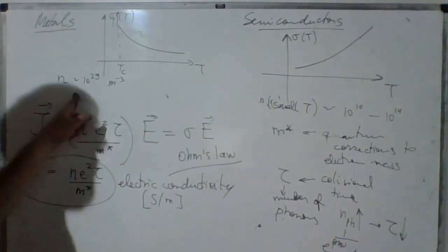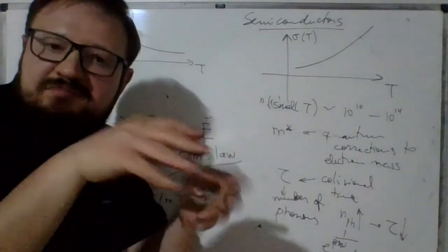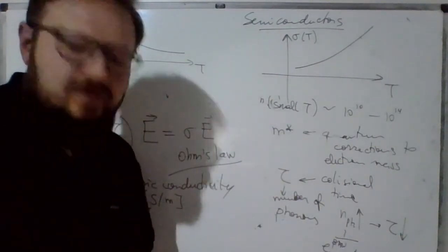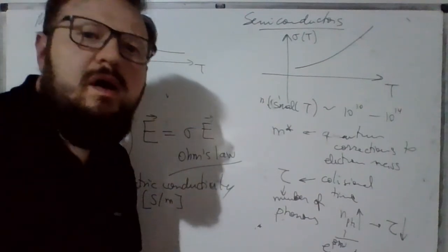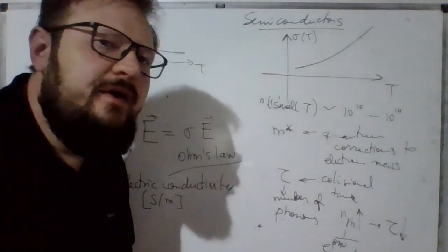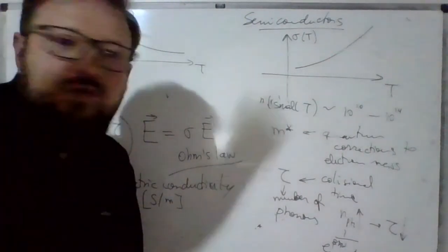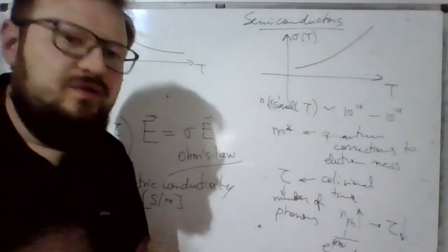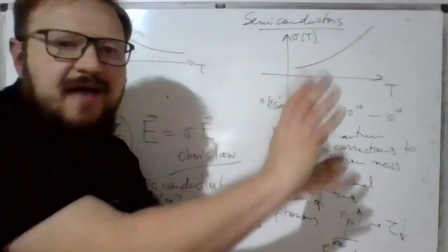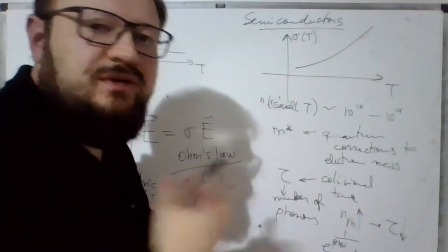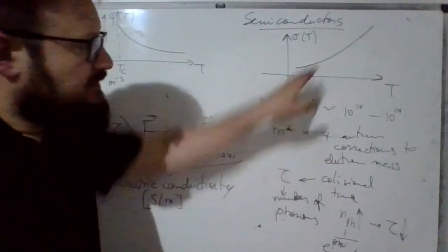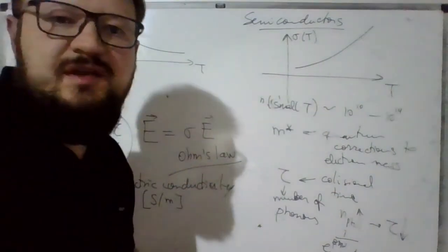And for metals, the number is nearly constant. You're not promoting those core electrons in the ions in the background to the conduction band. You just need to work with the Fermi gas of free electrons, which were already there. Okay, for semiconductors, a distinct picture.